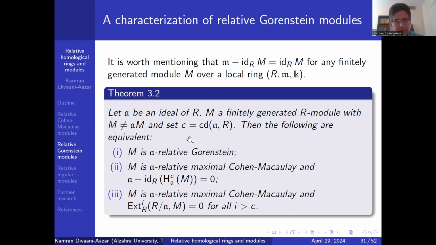Let M be a finitely generated module satisfying this condition and denote the homological dimension of A by c. Then these three conditions are equivalent. First, M is A-relative Gorenstein. Second, M is A-relative maximal Cohen-Macaulay, and the A-relative injective dimension of the only non-vanishing local cohomology is 0. And third, M is A-relative maximal Cohen-Macaulay, and these Ext modules are 0 for all i bigger than c.